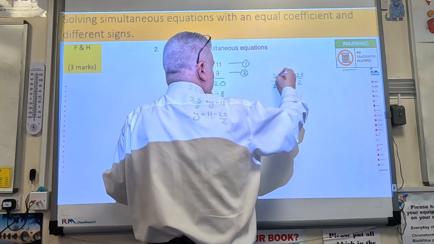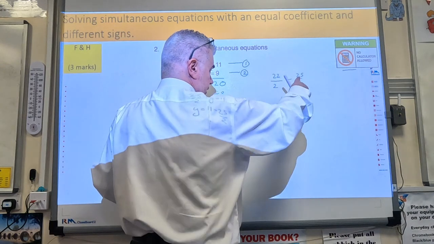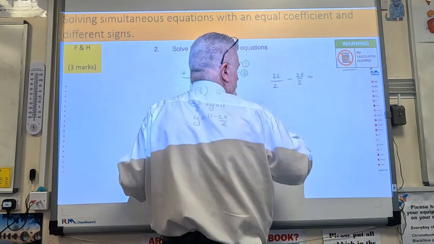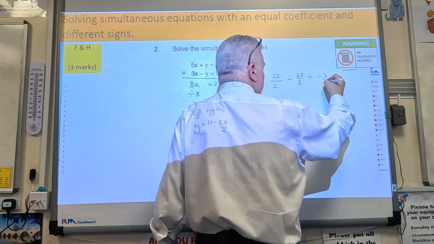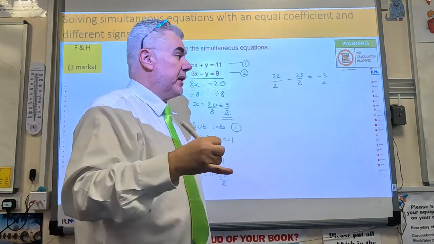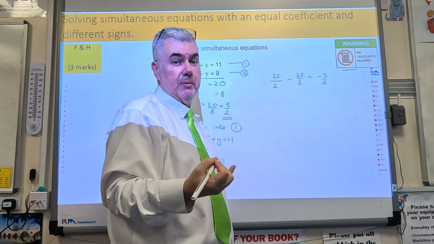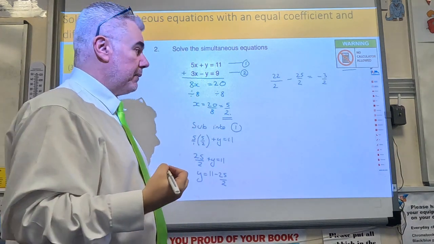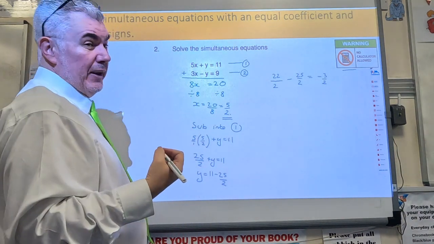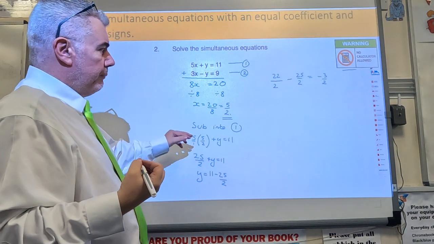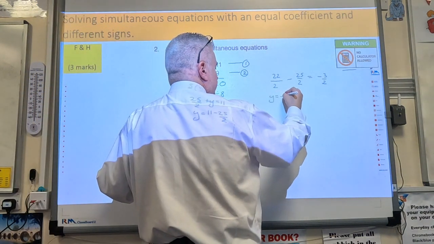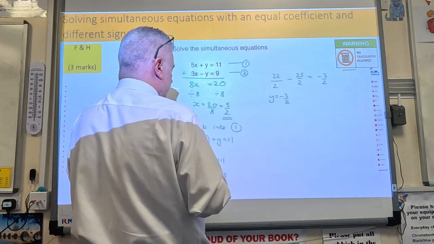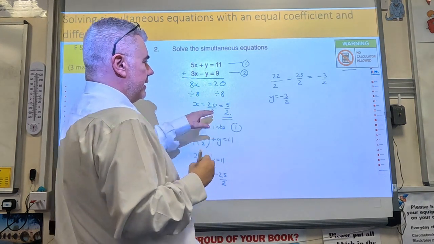So it's 22 over 2, subtract 25 over 2, which leaves me with minus 3 over 2. We can end up with negatives, we can end up with decimals, with simultaneous equations. Don't worry if that happens, it can happen, and it will happen. So I found my y value. My y value is minus 3 over 2. And my x value is 5 over 2.